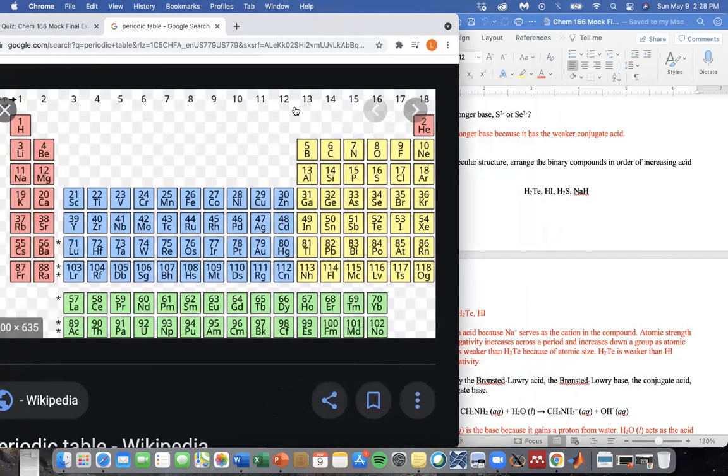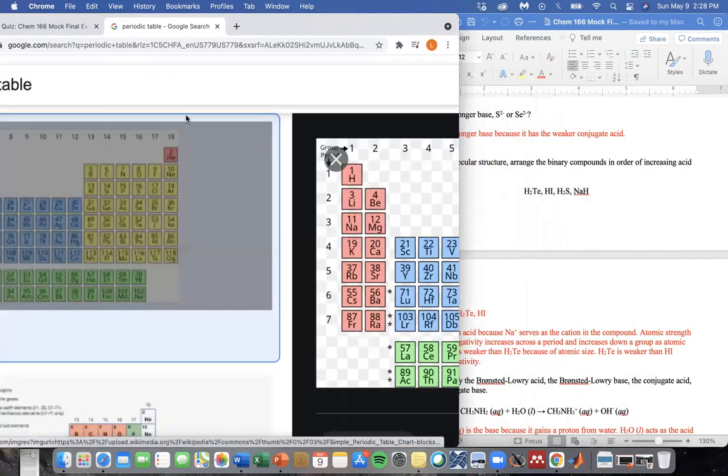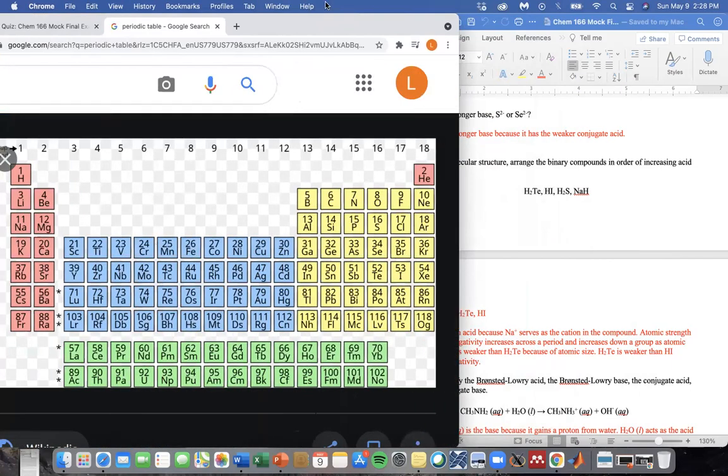In terms of acid strength again, even though electronegativity increases as you go across the table, when you think about acids, electronegativity matters as you go across the table, and then size matters more as you go down, even though the electronegativity trend is going up.